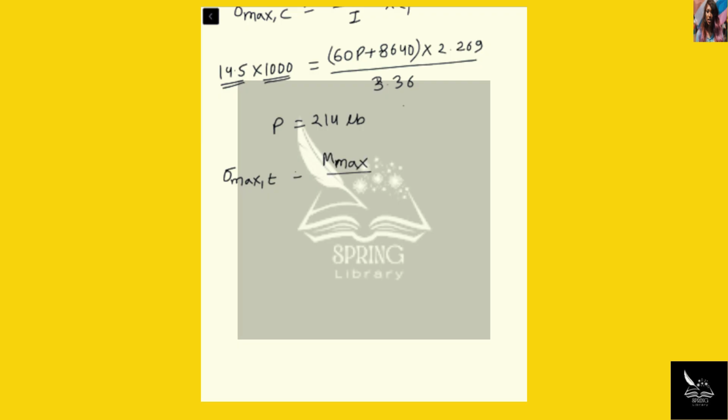Okay, so now the maximum tensile stress will be sigma max tensile equals Mmax divided by I multiplied by C2. Substituting the values, we get sigma max tensile equals, Mmax is 60P plus 8640 multiplied by 0.617 divided by 3.36.